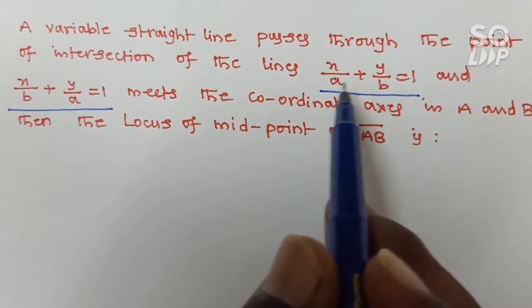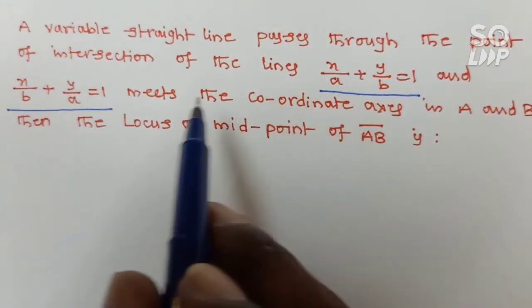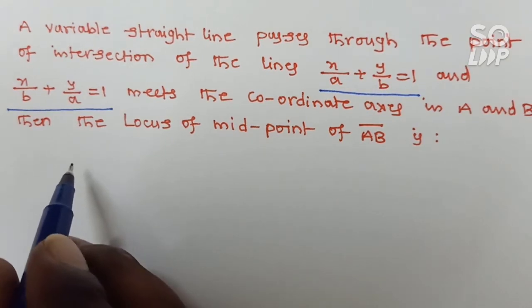First of all, you write: what is the point of intersection of these two lines.